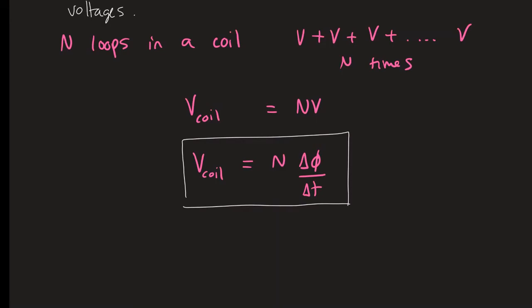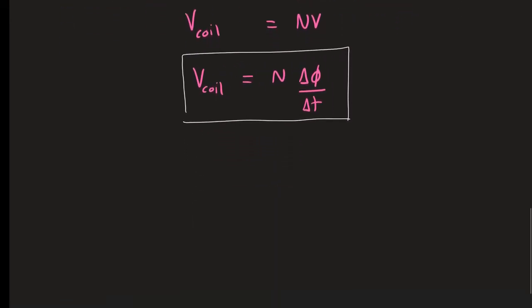A new quantity has crept into our work here. If we rearrange that equation above, we can write delta of n phi, like the change of n times phi, over delta t, the time elapsed, the time that has to pass in order for the flux to change.